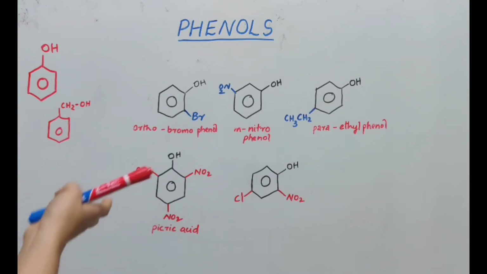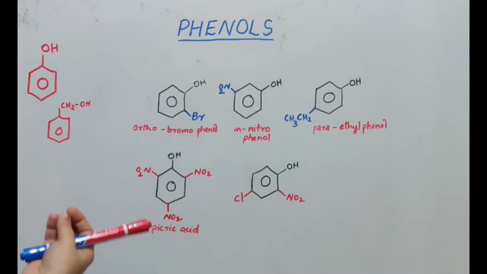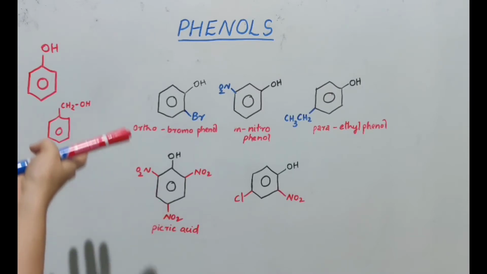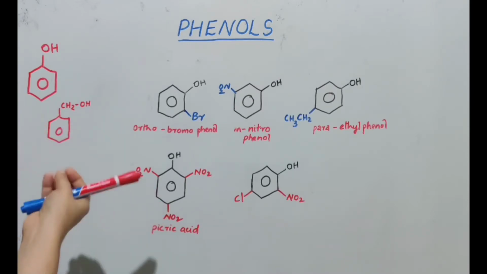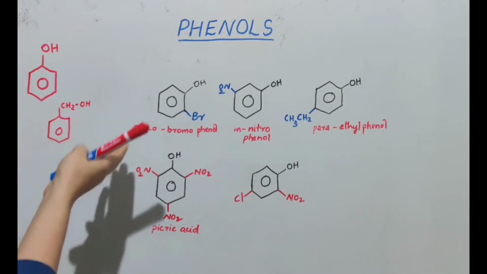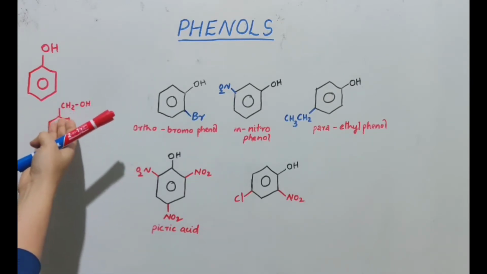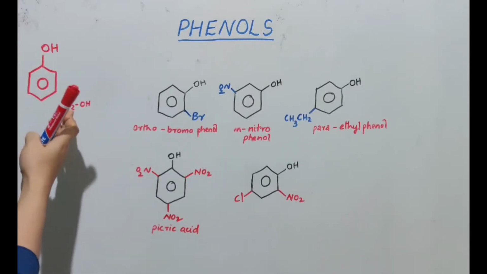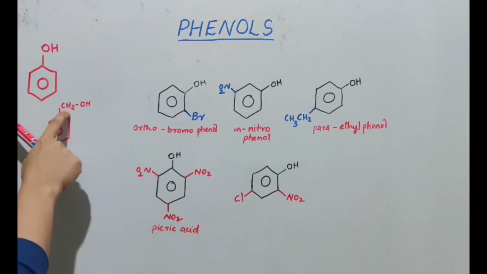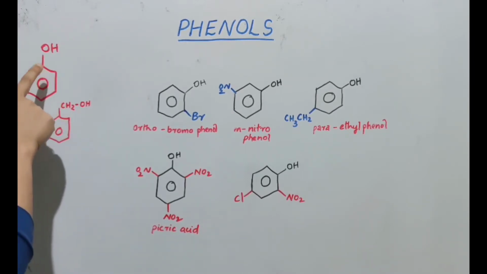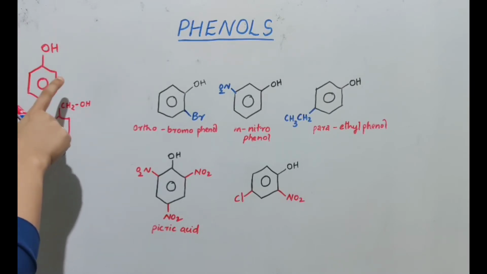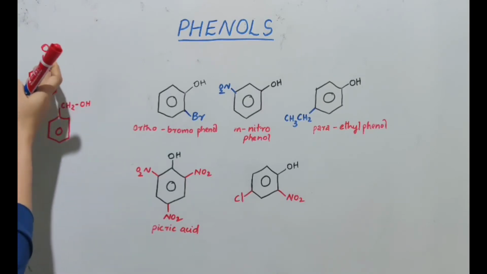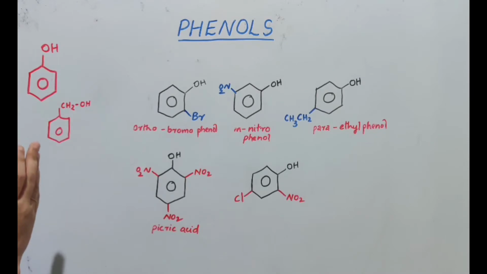The difference arises due to the fact that in aromatic alcohols, the hydroxyl group is linked to a saturated carbon, that is CH2. In the case of phenol, it is attached to the unsaturated carbon atom of the nucleus.